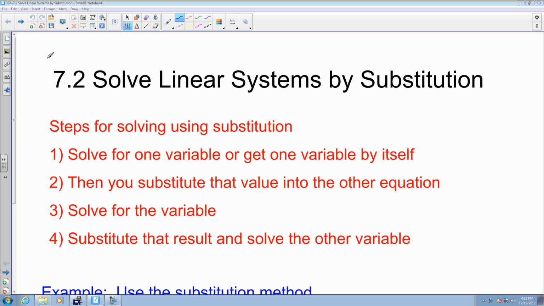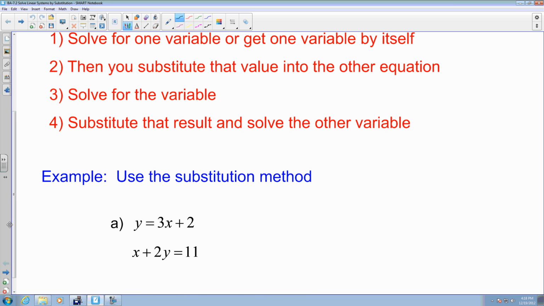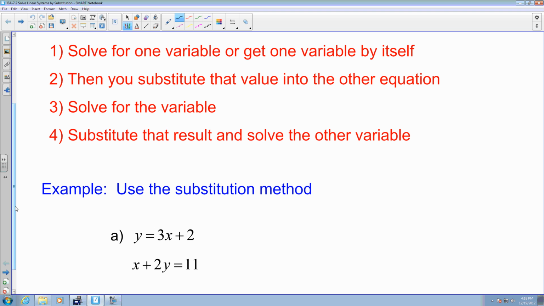First step is when you get a system similar to, like, we have an example A. First step is we must solve for one variable or get one variable by itself. Now, it does not matter whether it's x or y. We just need to get one variable by itself.